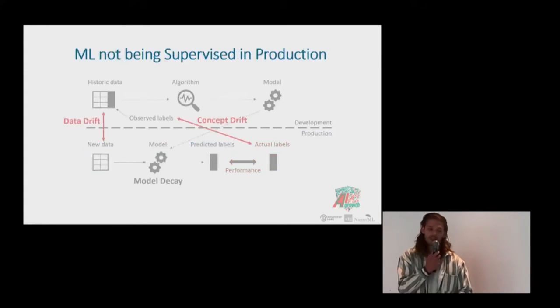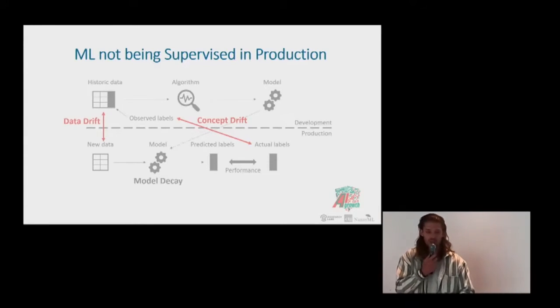The way this machine learning development cycle and production is set up is prone to some difficulties in practice. There's a concept called data drift, and that means that your historic data, your training data, over time becomes different from your new data, or your production data that goes into the model.